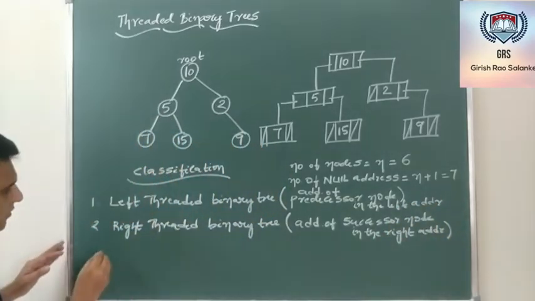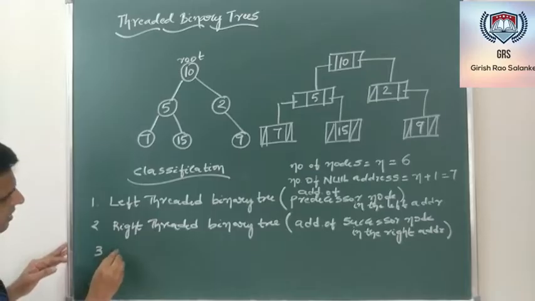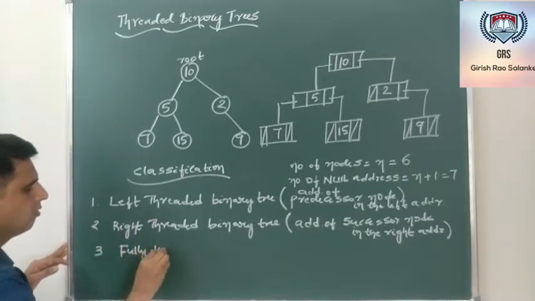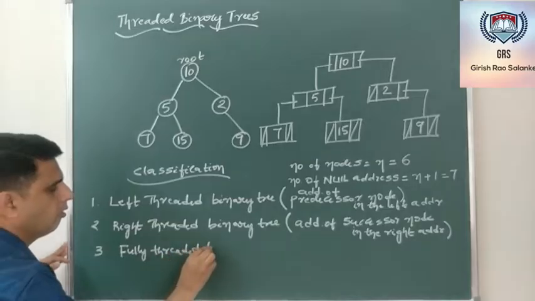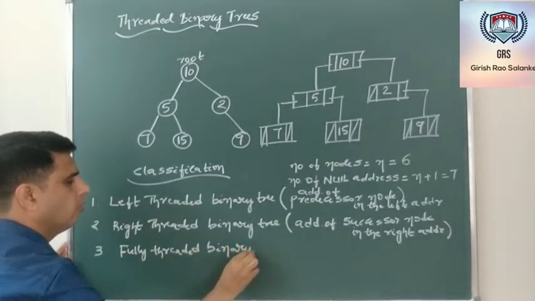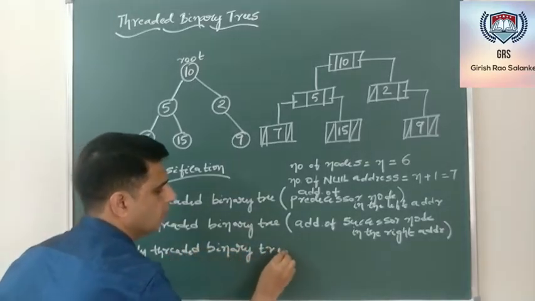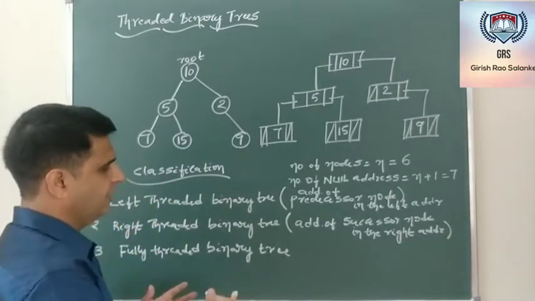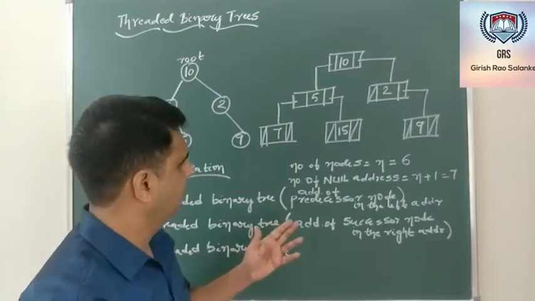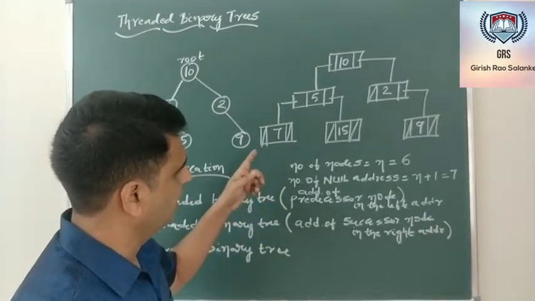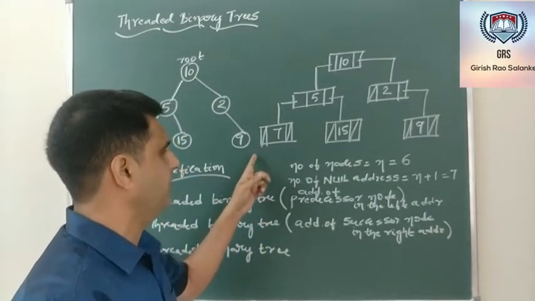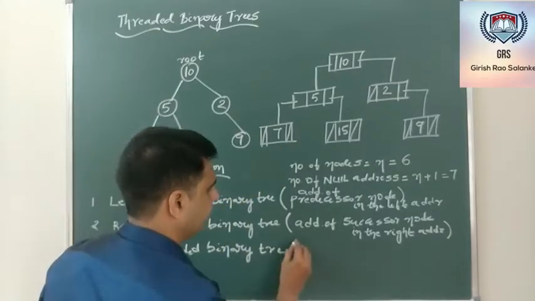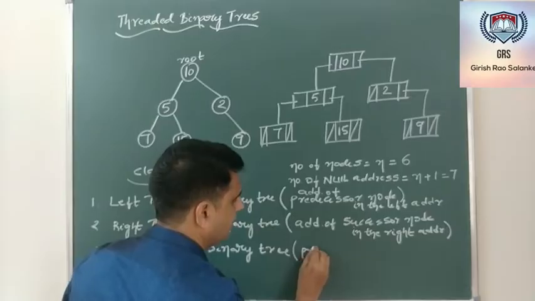And the third classification, let me call it fully threaded binary trees, wherein both are stored: the predecessor node address will be stored in the left field and the successor node address will be stored in the right field.